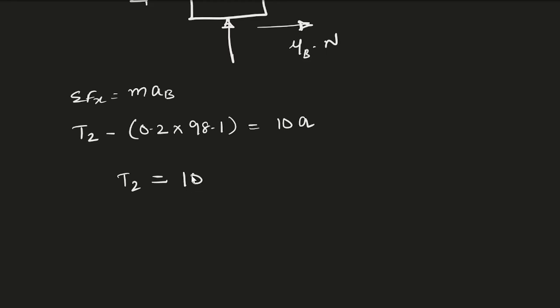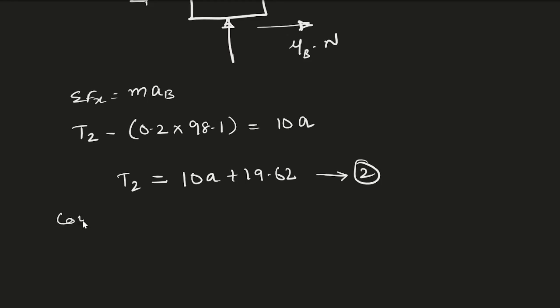So T2 equals 10A plus 19.62. This is your second equation from block B.